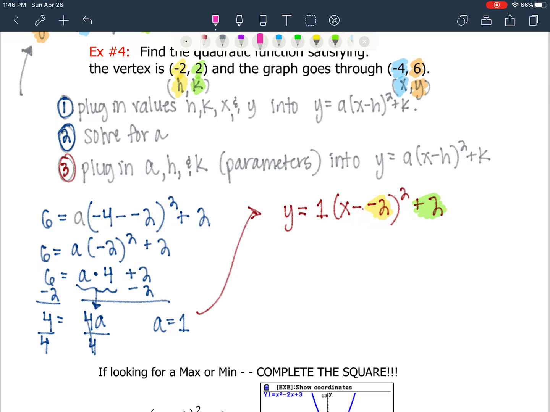And then we had this value of a equals 1 that we put in for a. Y equals, let's just stick with red here, y equals x plus 2 quantity squared plus 2. There's our vertex form.